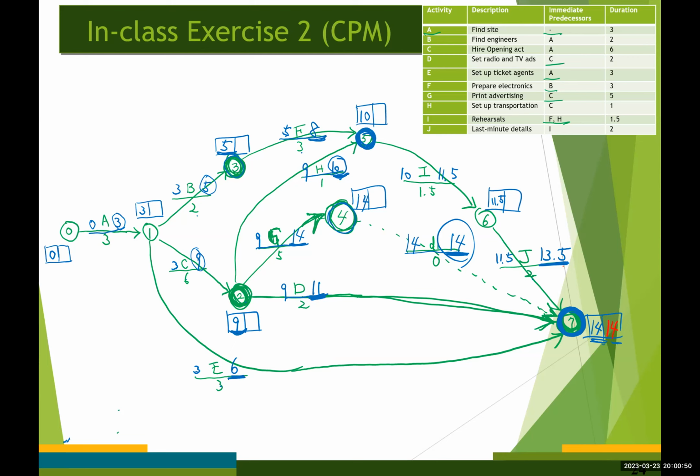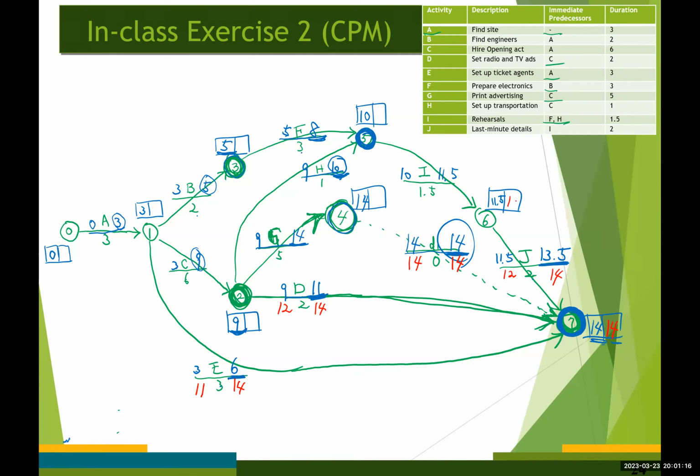So here we have 14, 14, 14, and 14, right? 14 minus 3 is 11. 14 minus 2, 12. 14 minus 0, 14. 14 minus 2, 12.